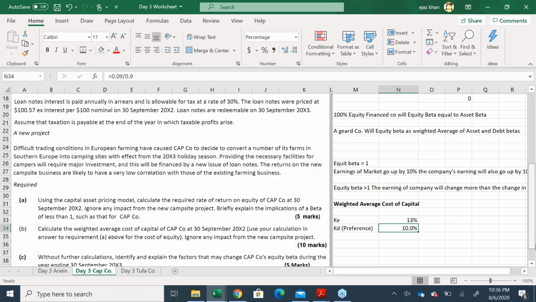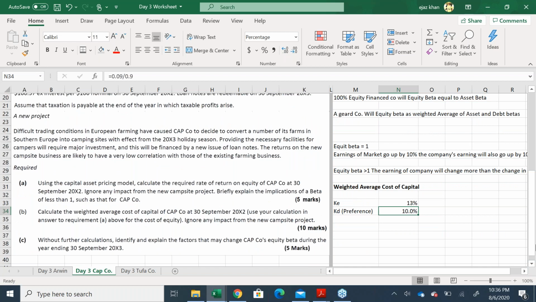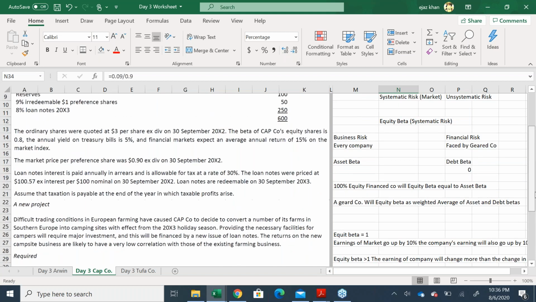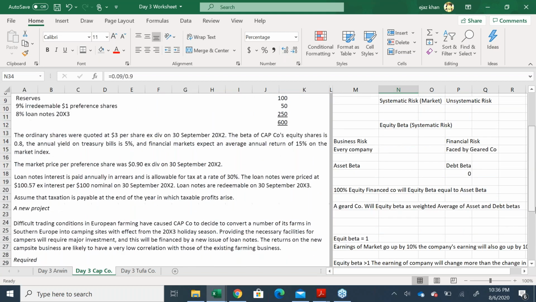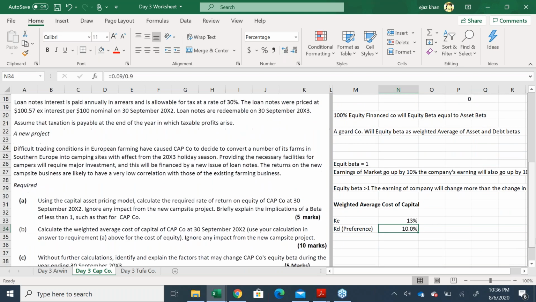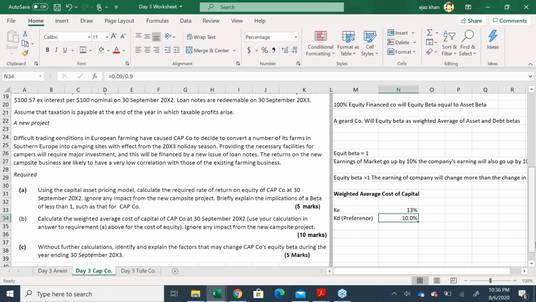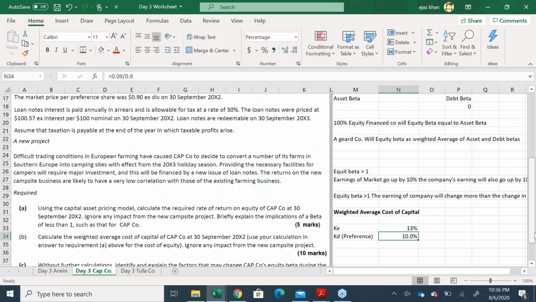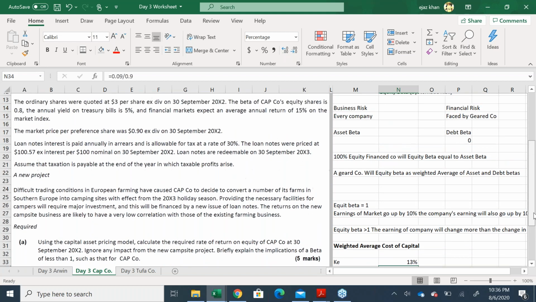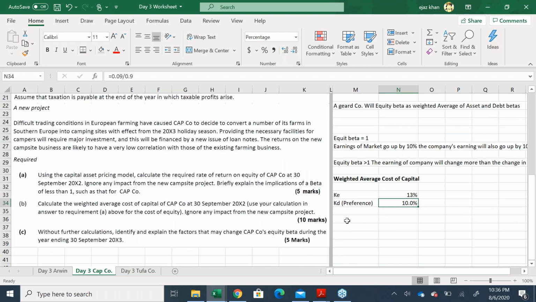Now remember one thing, for redeemable loan notes, we always calculate IRR, the rate of return. So let's calculate IRR for this. And it's a 1 year. So I'm showing working here.